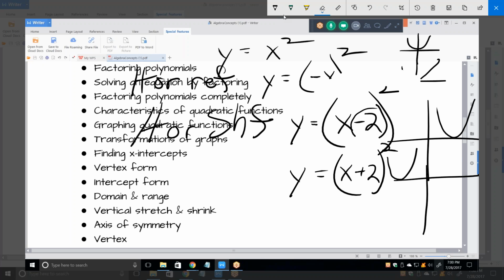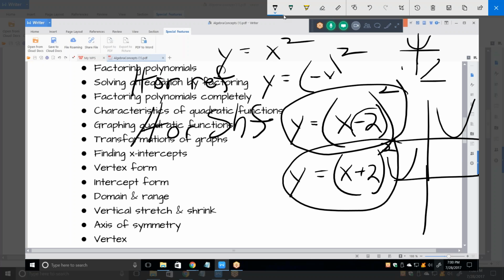So in this case right here, h is a positive 2, so it moves to the right. In this case here, h is a negative 2, even though you're looking at a positive 2, if my standard is this, then h is negative 2.